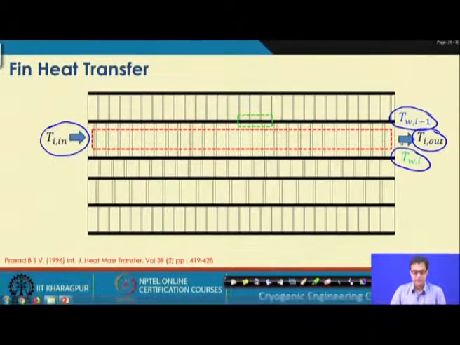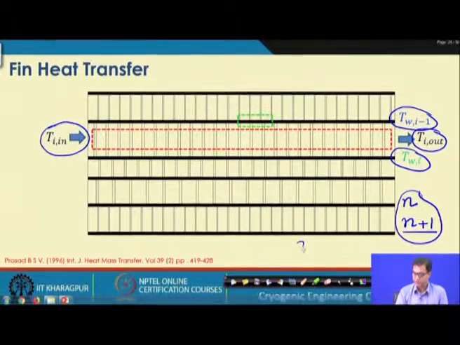We have already said that with n fluid streams and n plus 1 walls, we have altogether 2n plus 1 equations and unknowns. So we have to frame those 2n plus 1 equations.